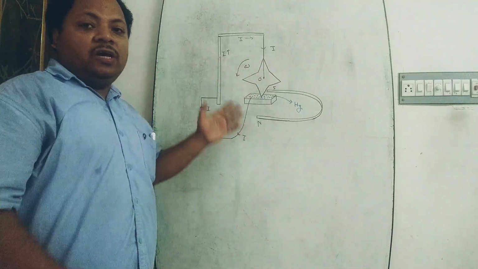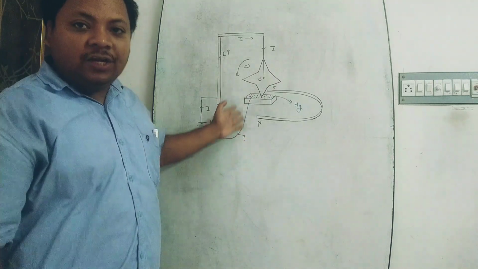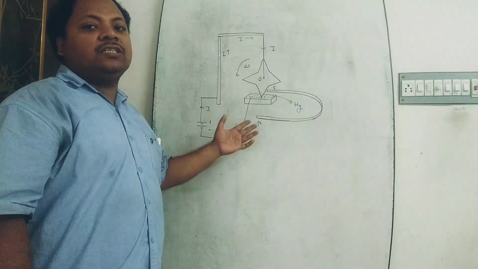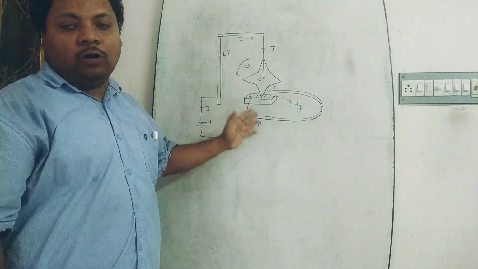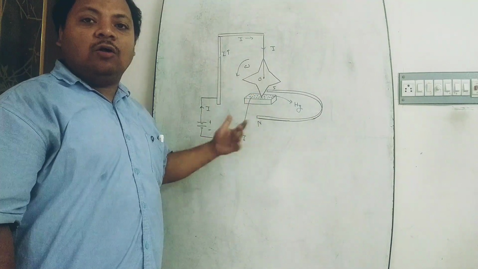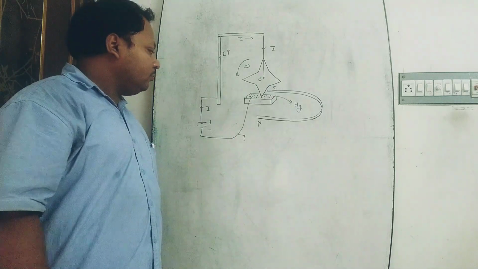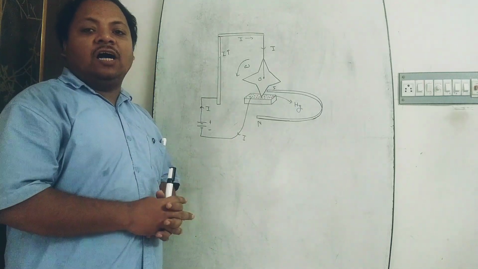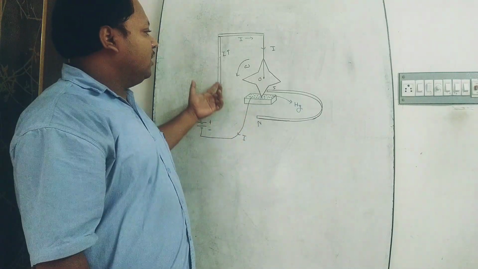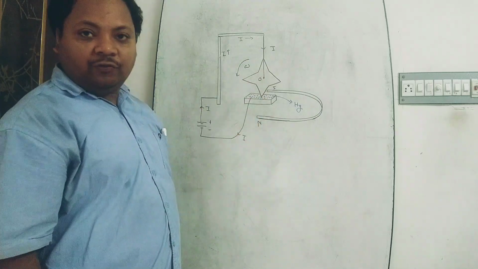In this instrument we can convert electric energy into mechanical energy. That's why it is also known as the principle of the motor. This Barlow's wheel rotates on the principle of the motor. You can increase the rotational frequency of the Barlow's wheel by increasing the current or increasing the magnetic field.